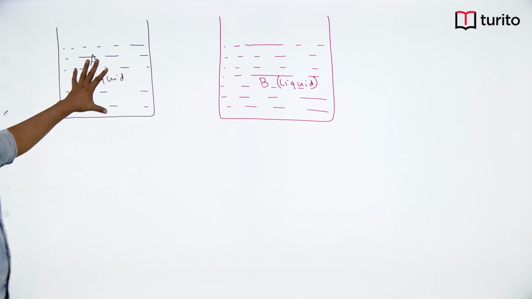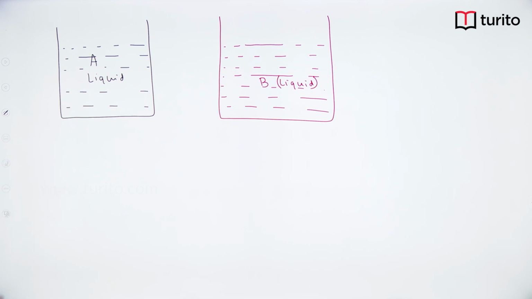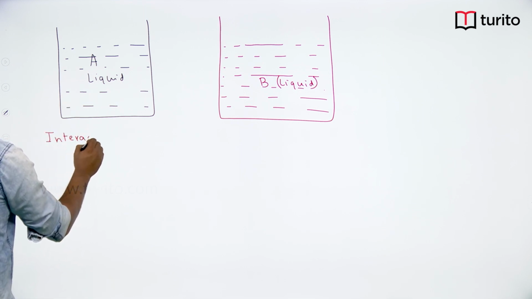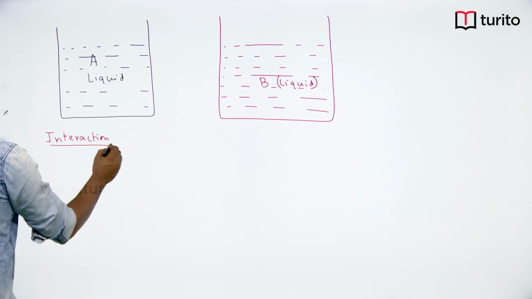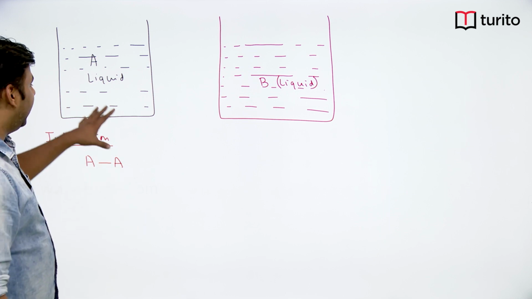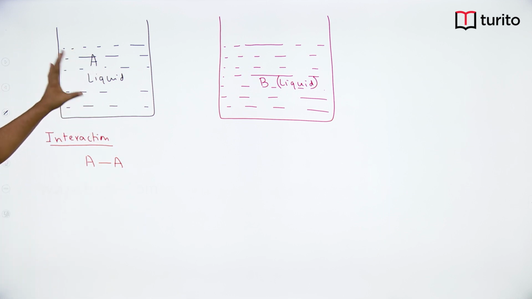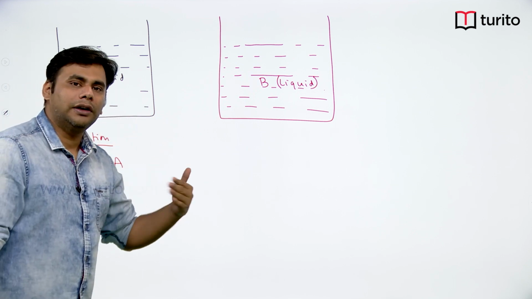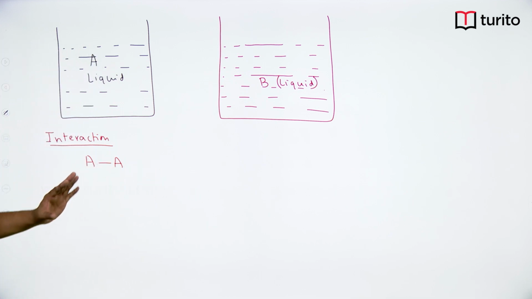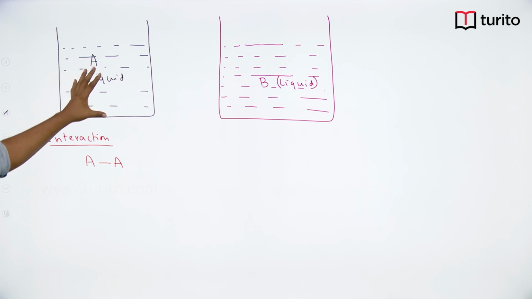Now just look at container A. In this we are having only one component, that is A. So the interaction happening inside this container would be between similar molecules. Because only one liquid is present, it will have only one kind of interaction, that is A molecules of the liquid would interact with A molecules of that same liquid. So we will say that we are having AA type of interaction.